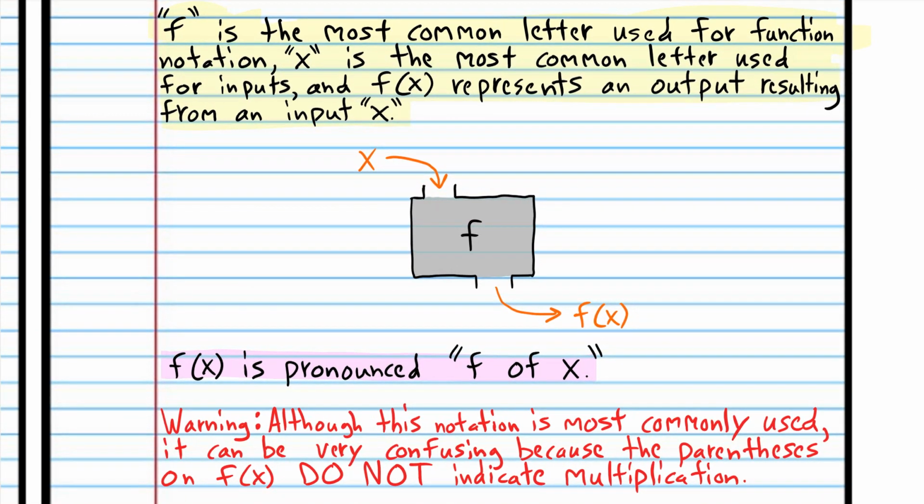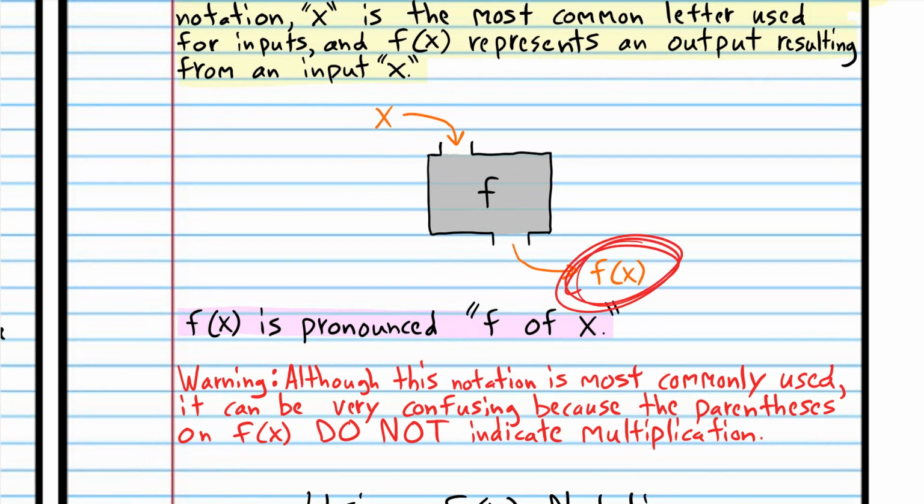But here's where things get a little confusing. X is the input, as we said, and f of x is the output. F is the function itself. So it's kind of confusing when we say that f of x is the output. This is where the confusion lies.